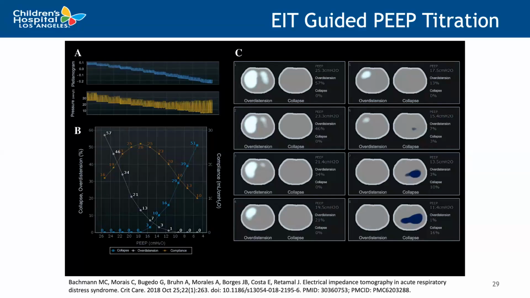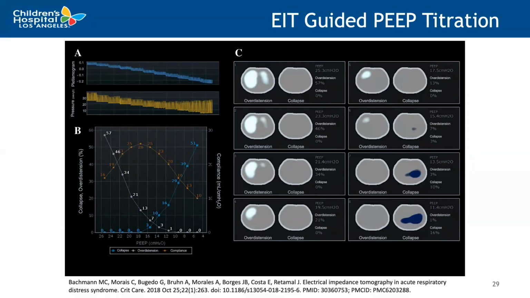So depending on how you are wishing to do your decremental PEEP steps, you can set the time. Normally I do about 2 minutes, and I'll talk a little bit more about this later, to allow for complete equilibration of all of the lung mechanics at each step.